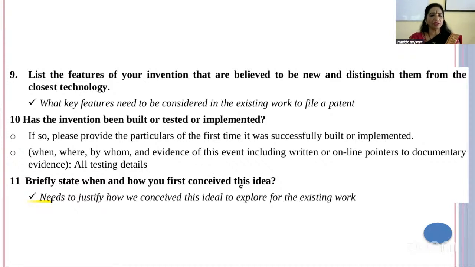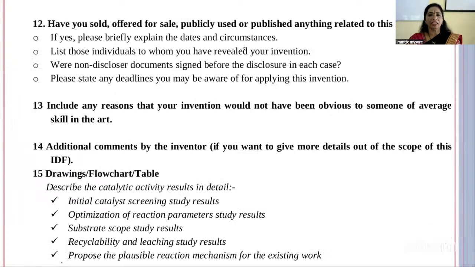For everything you should give evidence, otherwise it will not be accepted. Have you sold, offered for sale, or publicly used the invention? If yes, please briefly explain and list those individuals to whom you have revealed your invention. Were non-disclosure documents signed before the disclosure? Please state any deadlines you may be aware of for applying for this invention.